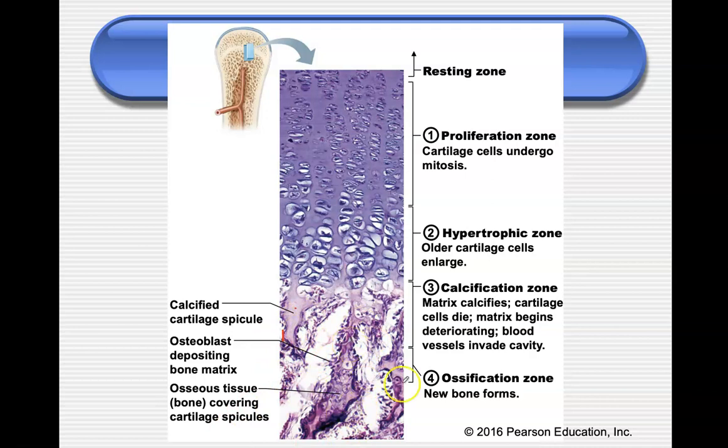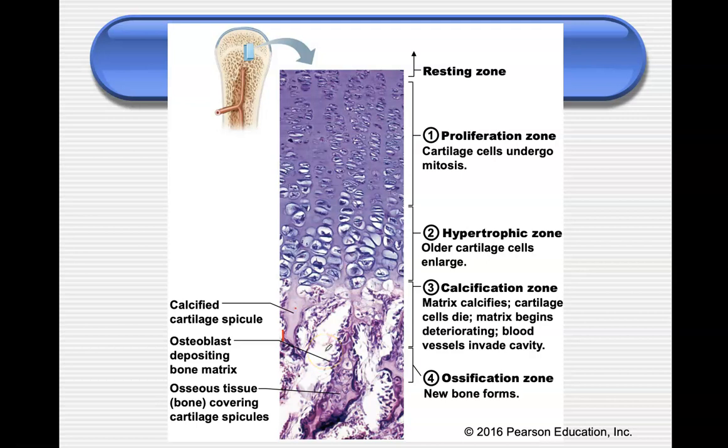And as blood vessels invaded, we enter the ossification zone. And that ossification zone is, again, where these osteoblasts are now going to be secreting that bony matrix in these spaces, right, where we used to have that cartilaginous matrix. So ultimately what will happen is the spicules that we have here are actually partly eroded by some osteoclasts.